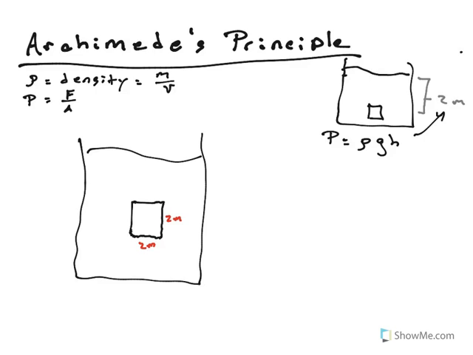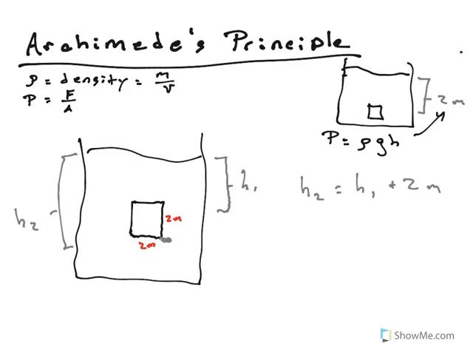Then notice that the top of the box is at some depth h1, whereas the bottom of the box is at some depth h2, where h2 is h1 plus an extra 2 meters.